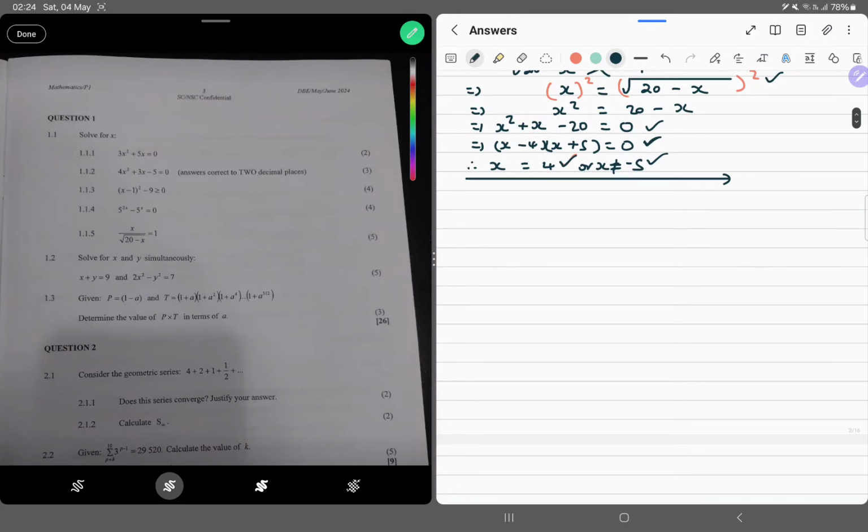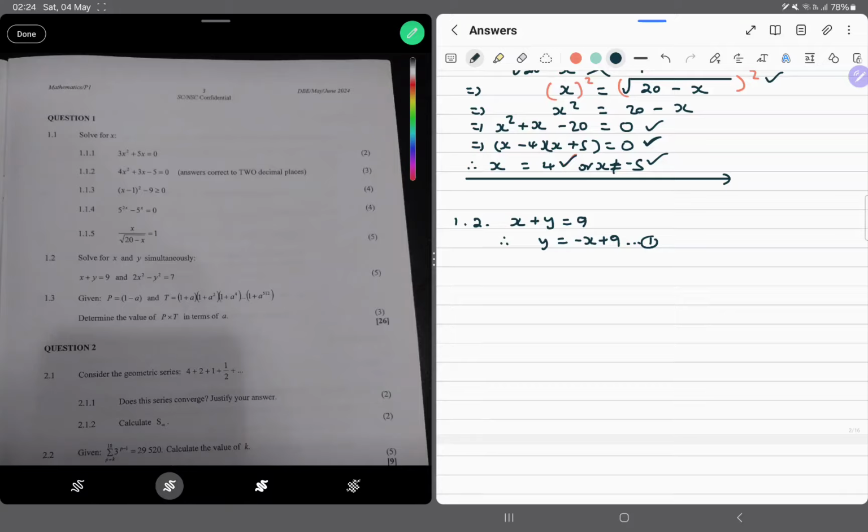Let's get to the simultaneous equations. 1.2. Easy stuff. So we've got x plus y is equal to 9, which means y is equal to minus x plus 9.